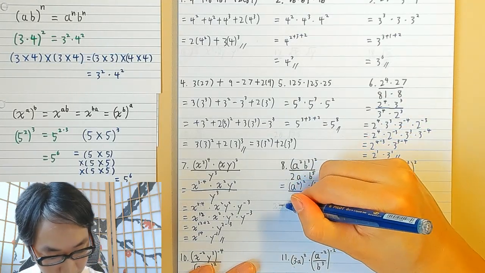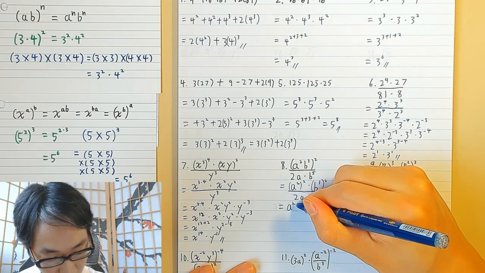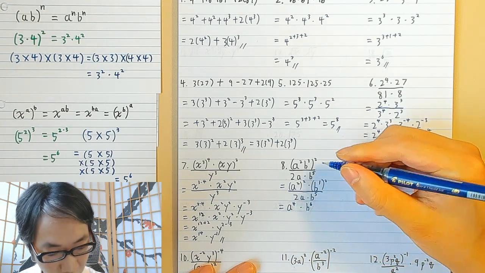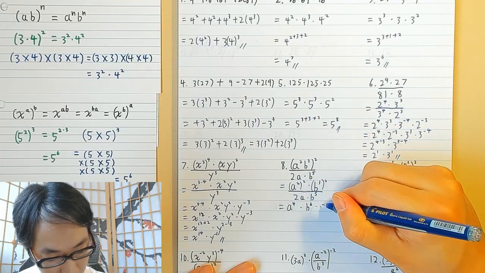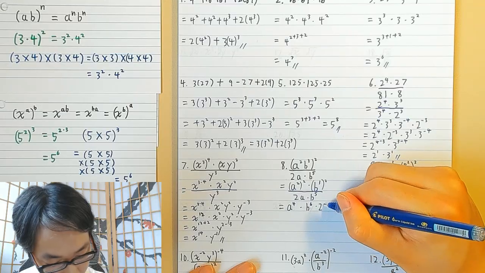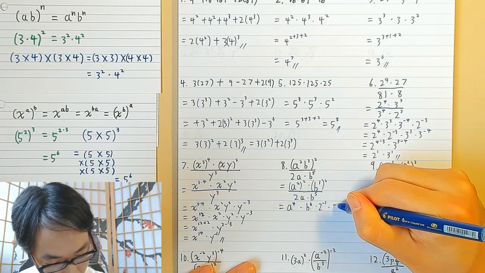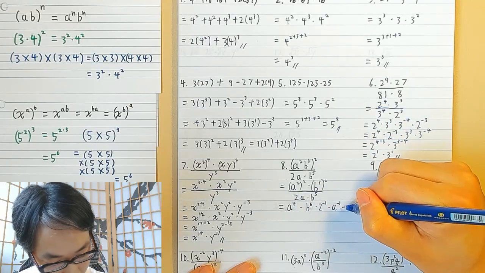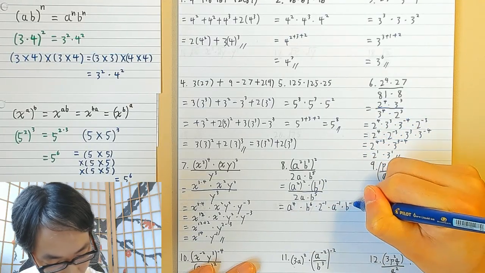Okay. This will be a to the power of 4 times b to the power of 6. Then we remove the denominator times 2 to the power of -1 times a to the power of -1. There's a 1 here. So times b to the power of -5.